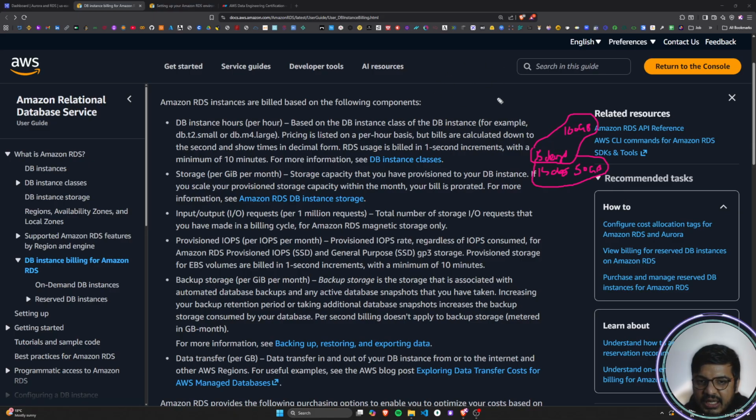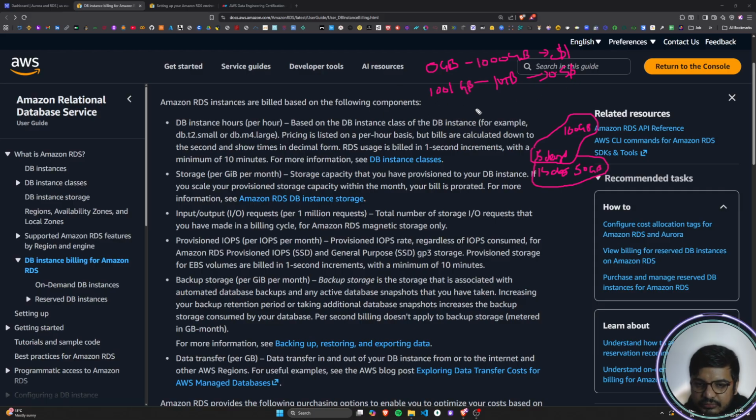And there are different slots, or zones, available. Let's suppose from 0 GB till 1000 GB. I'm not exactly telling the price, you can go and check the price. Let's suppose this is $1. Then from 1001 GB to 10 TB, let's suppose it is $0.5.